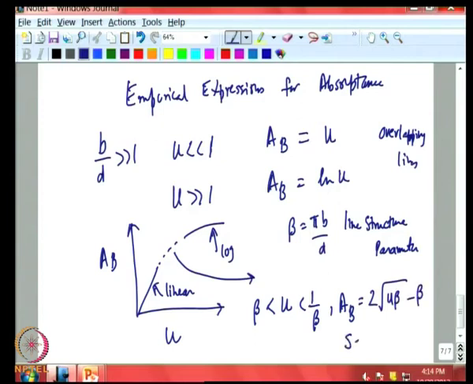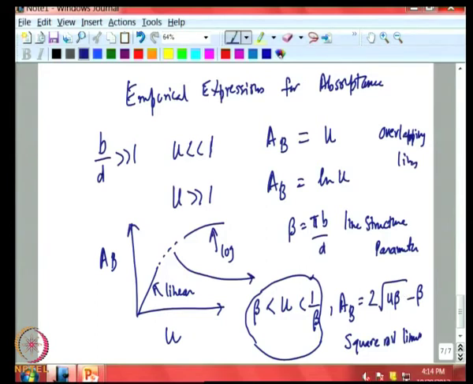This is essentially a square root limit. That will typically be somewhere in this region, where u is not too small and not too large, conditioned by u being greater than beta but less than 1 over beta. So, u is in some value neither too large nor too small, and then the square root limit operates in this case.